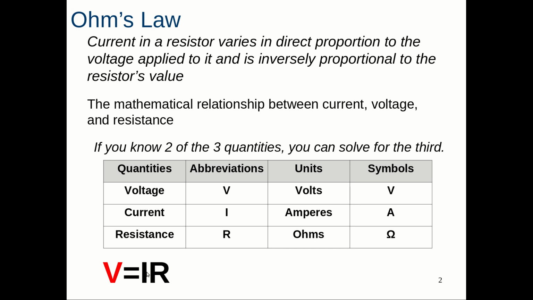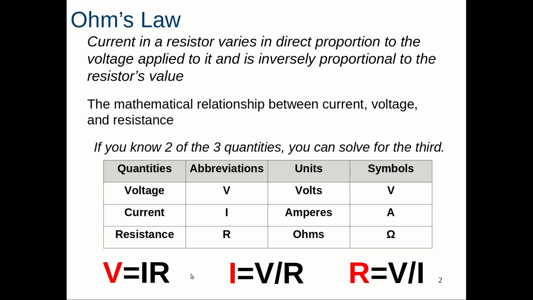So V equals IR, or if you take the I from outside, then I equals V over R, or if you take the R from outside, then it will be V over I. This means that the current I is related to the inverse of the resistance value, and the voltage has a direct proportional relation with R.